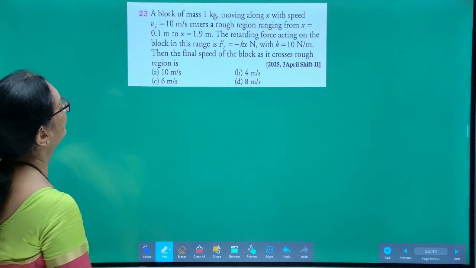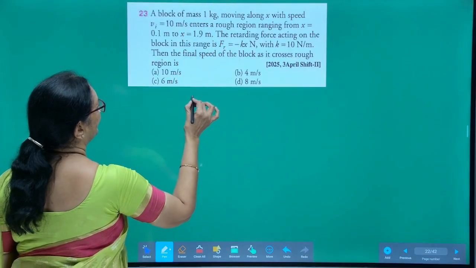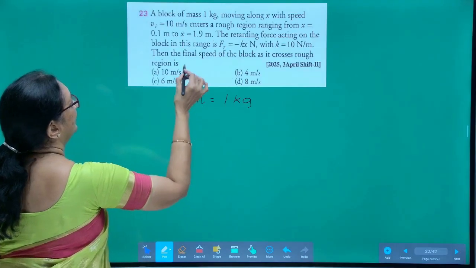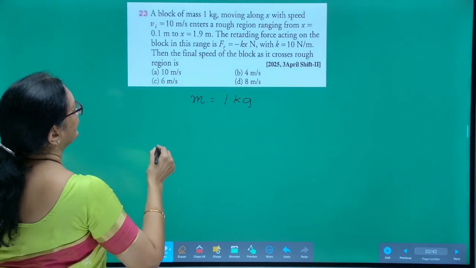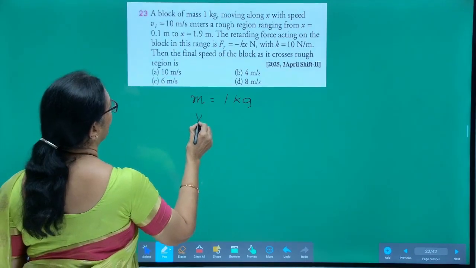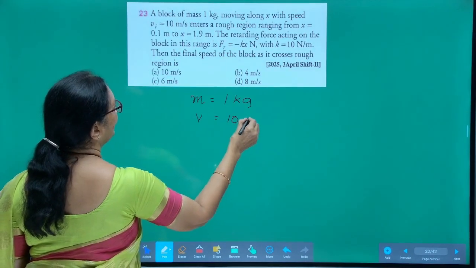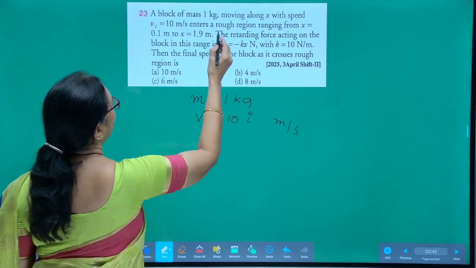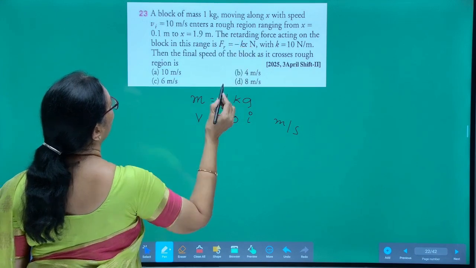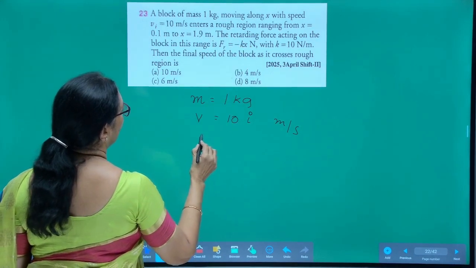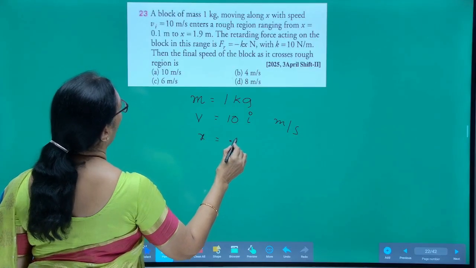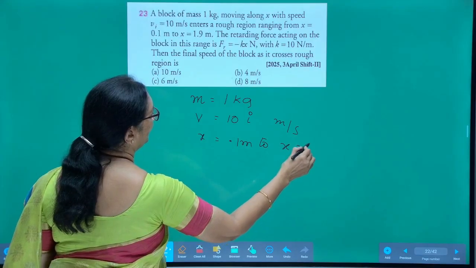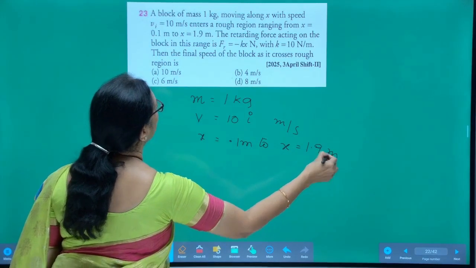A block of mass 1 kg. Mass of the block is given as 1 kg, moving along x-axis with a speed v is equal to 10 meter per second, enters a rough region ranging from x is equal to 0.1 meter to x is equal to 1.9 meters.